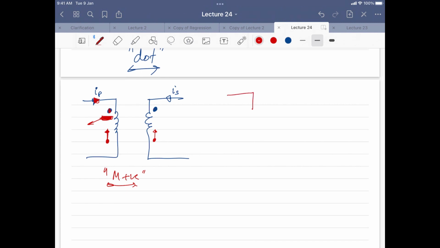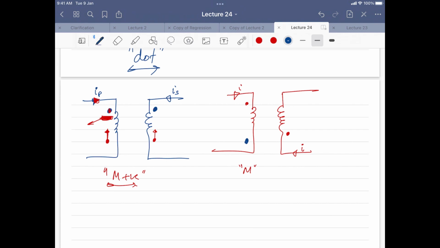In the second case, let us say you have something like this: this is the dot here and this is the dot on this side, and I have a current flowing like this, and in the other case the current is flowing like this. In this situation, what will be M? Negative. Let us say it will be positive because you are sitting here, right?